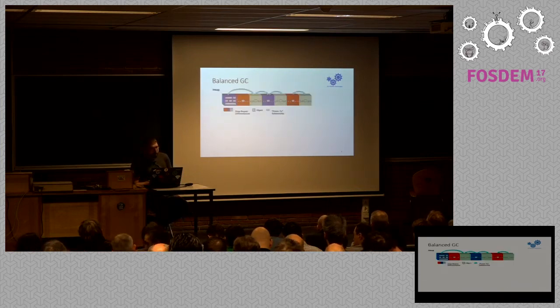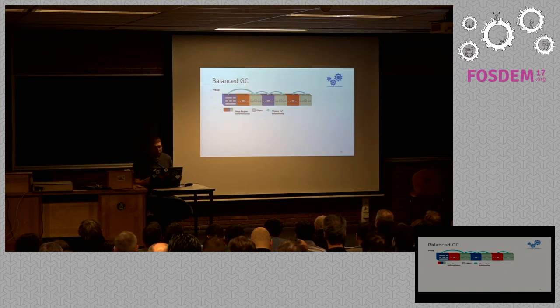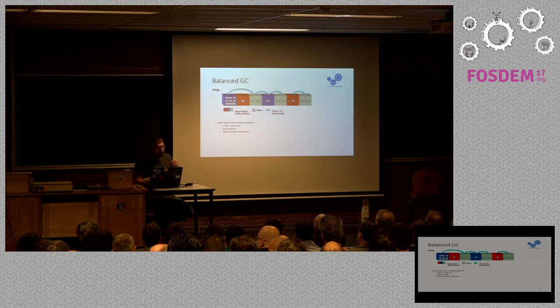Quickly, just a bit more detail about Balanced. This will be useful to people too, because it's somewhat similar to G1. The heap in Balanced is divided into a bunch of regions. These regions allow you to do a bunch of different things, like gather objects with common properties into particular regions.